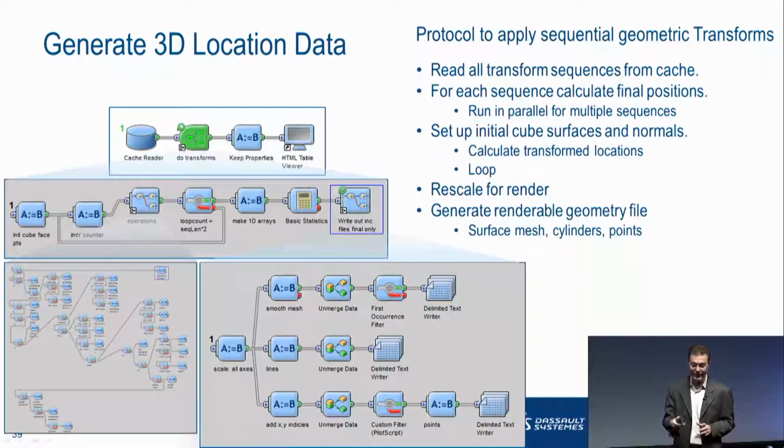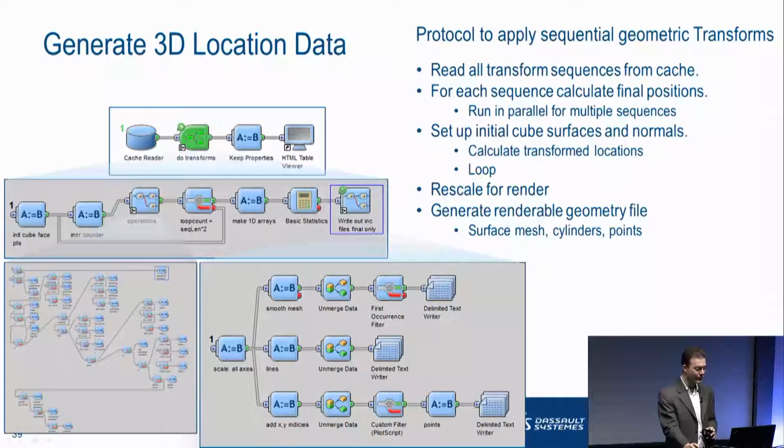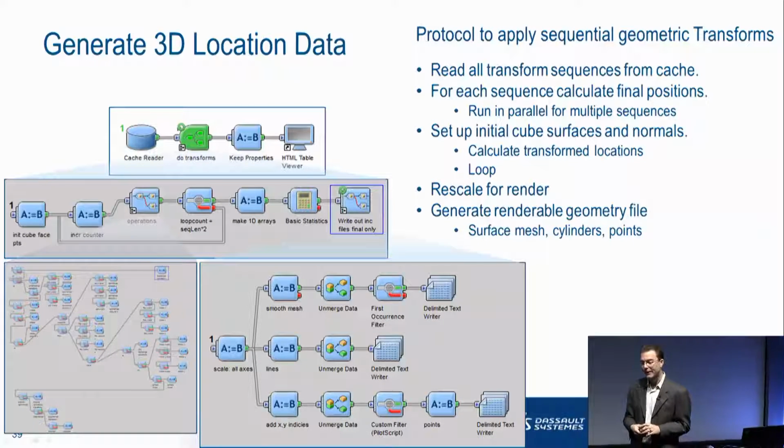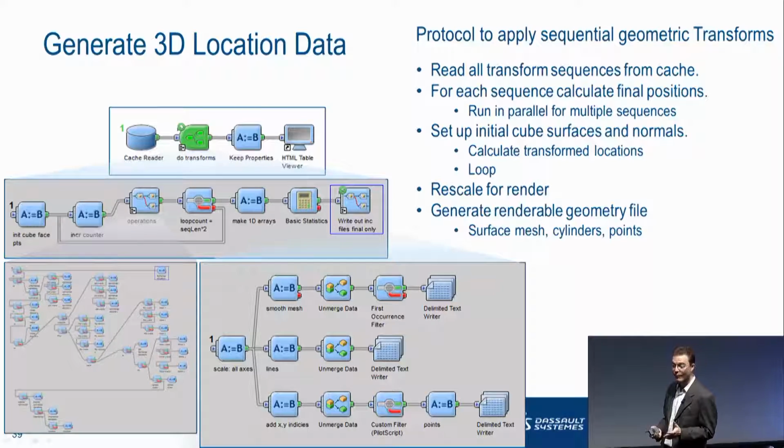So you go through that a bunch of times until you've exhausted the sequence, and then you need to come up with some sort of visualization of this, the final output, right? Just looking at it as an array of points is not very entertaining. So this final sub-protocol takes the data that we've generated and generates something that's actually renderable out of that.